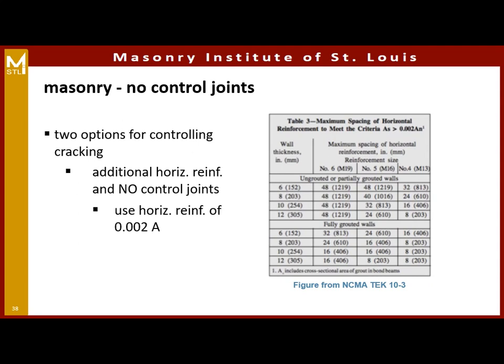One thing to notice in this table from NCMA is that since this requirement is based on the wall area, we need a lot more reinforcing once we go from a partially grouted wall to a solid grouted wall. So that's something to keep in mind. If a solid grouted wall might be something that's required, in order to eliminate control joints, you'll need a lot more bond beams at that point.